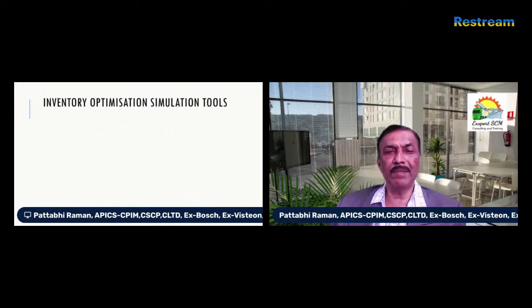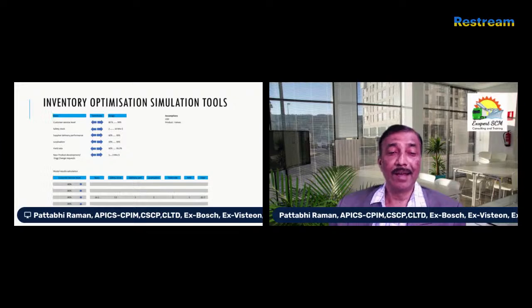In fact, we do a lot of projects on inventory simulation. For example, if you want to calculate how much the total inventory will be, it is possible to model various inputs. For example, for various customer service levels, you can always set a range for how much safety stock we are talking about.